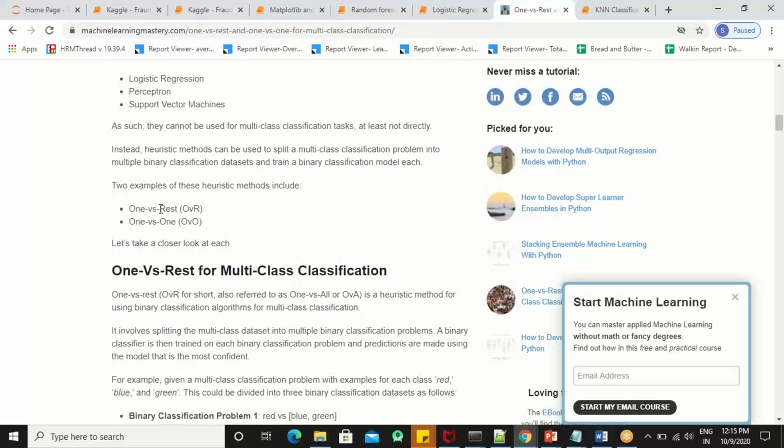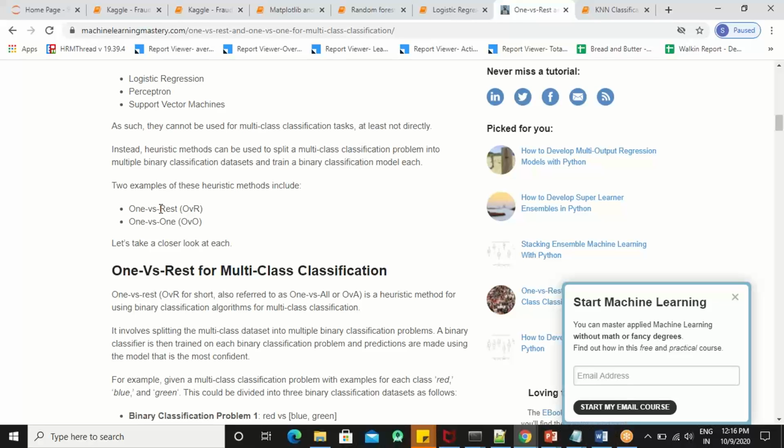Okay, so this is one of the most important things from the interview point of view and from practical project work, the OVR and the OVO, because you normally face multi-class classification in the real world. So you have to do this. Like you have to predict 3 categories of your customers. One is maybe the best customers or the most frequent customers, one is the least frequent, and one is the average who visits your website.